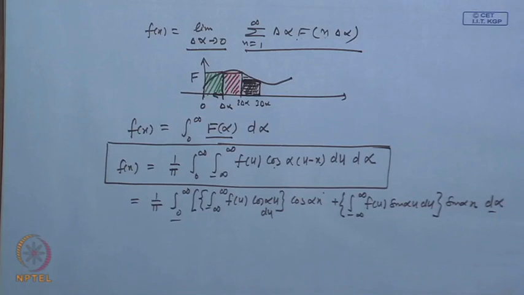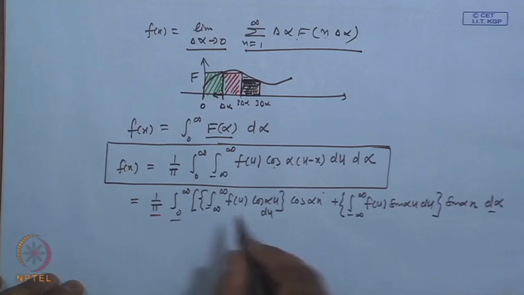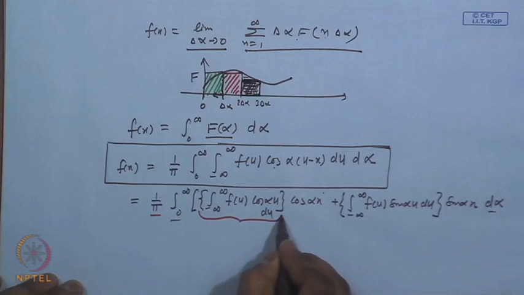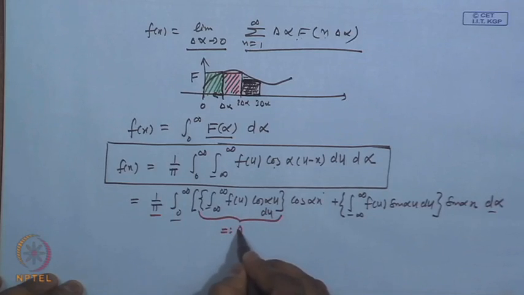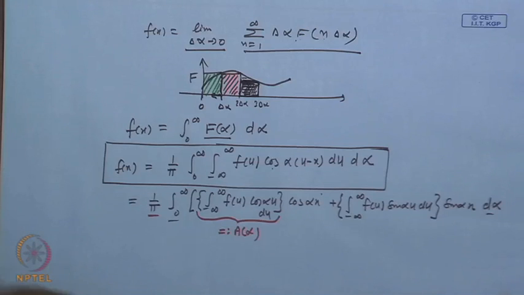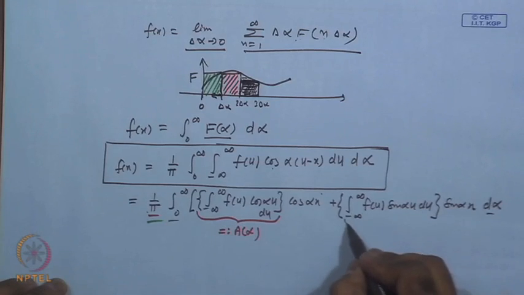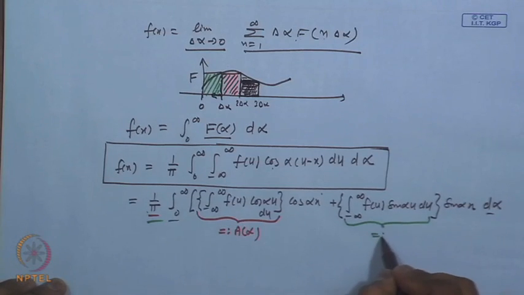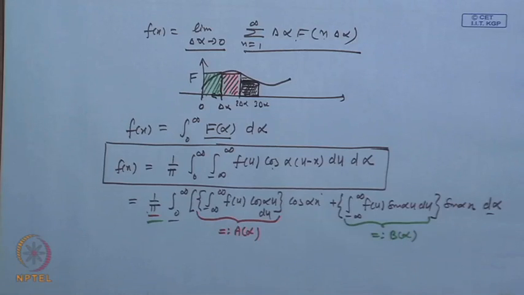Now, what we do is assume that this with 1 over pi is a(alpha), and again with 1 over pi, this we assume is b(alpha).